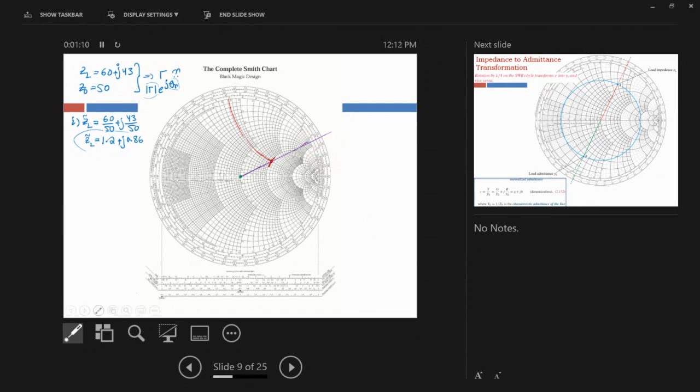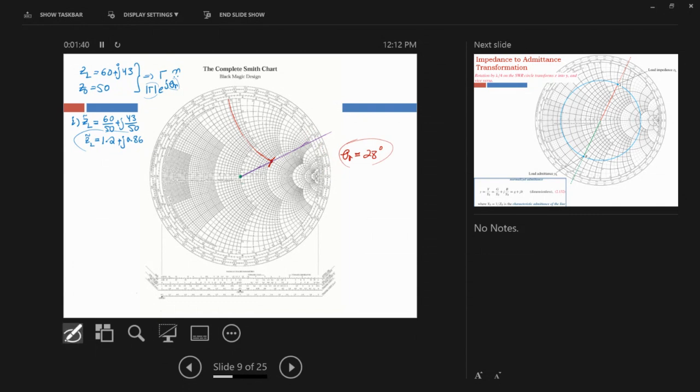So theta r is going to be about 28 degrees. Note that I'm working on a very small, relative picture, and making a mistake on a graphical thing that is so small is going to be really hard to avoid. So we just determined the angle of the reflection coefficient, which is about 28 degrees.